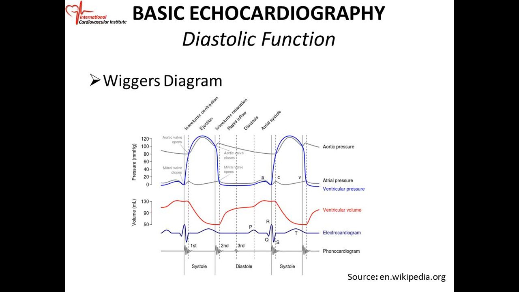But try and understand. Remember what we said, the first heart sound is due to closure of the mitral and the tricuspid valve. So those valves are going to close at the end of diastole, right? And then when the aortic and the pulmonic valve close, that tells you that is the end of systole. So between the closure of the mitral valve and the closure of the aortic valve, that period is systole.